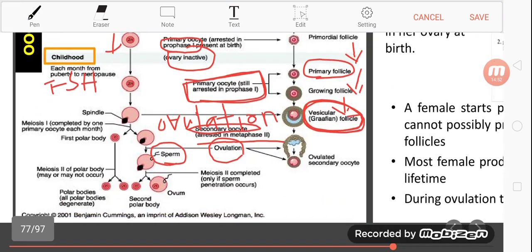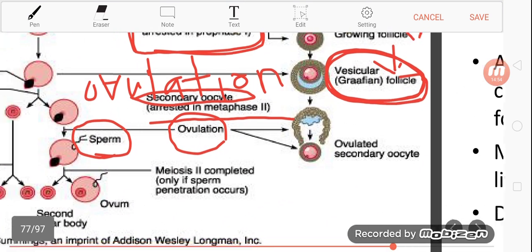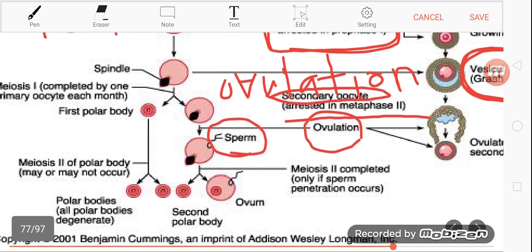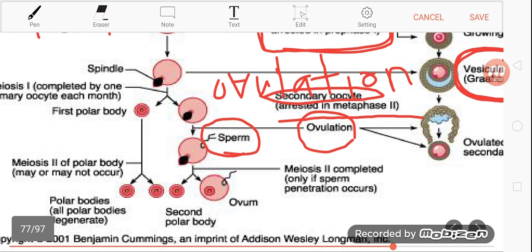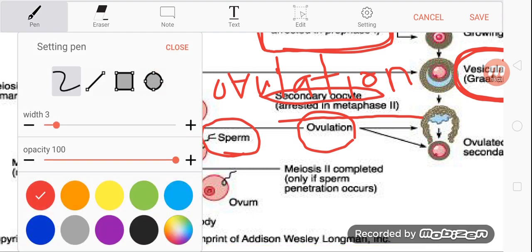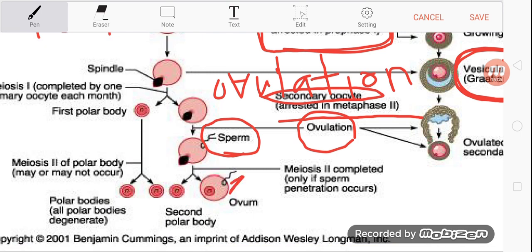the meiotic division 2 to continue until complete. Due to the presence of the sperm, it will stimulate the meiotic division 2 until finished, and then we have fertilization.